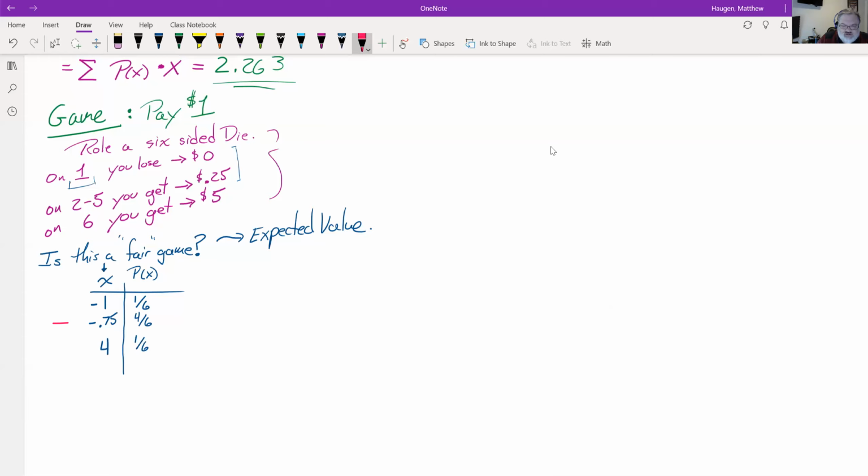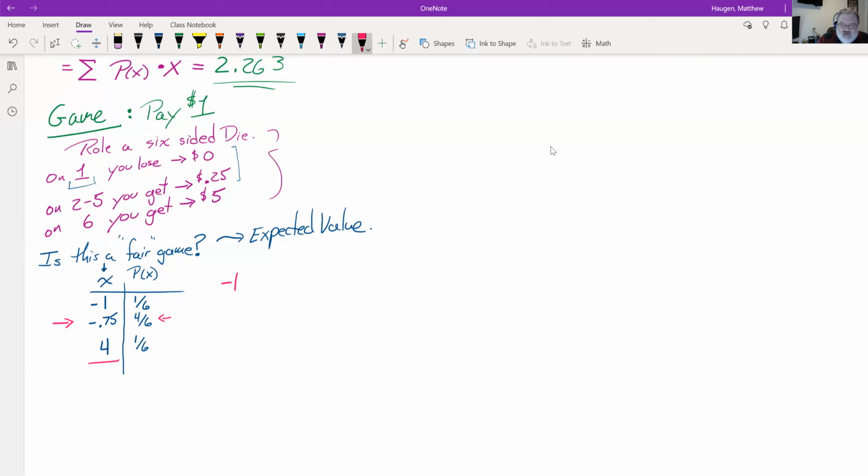Well, the losing 75 cents has the most weight to it because it has the highest probability. Winning $4 and losing the entire $1 have lower probability, so they have lower weight. So when we average these 3 possible results, we don't want to average them as if they have the same weight. We want to average them respecting their probabilities.